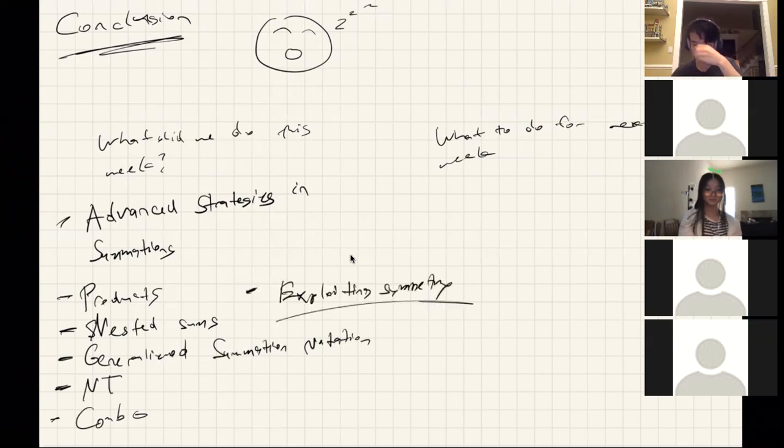Okay, so what to do for next week? Do the homework, the last homework set. It's a little bit hard, I'd say. It's higher than AMC level because the topics here are higher than AMC level. If you have any trouble, you can ask me for hints or to explain.